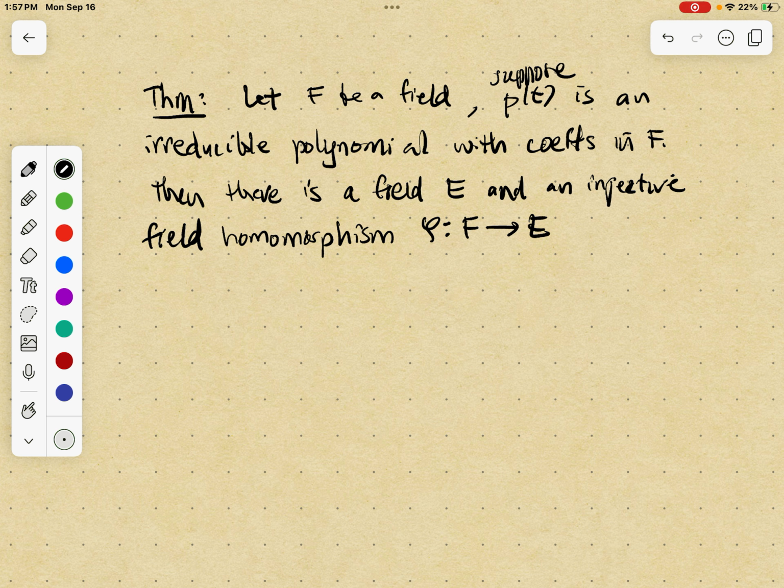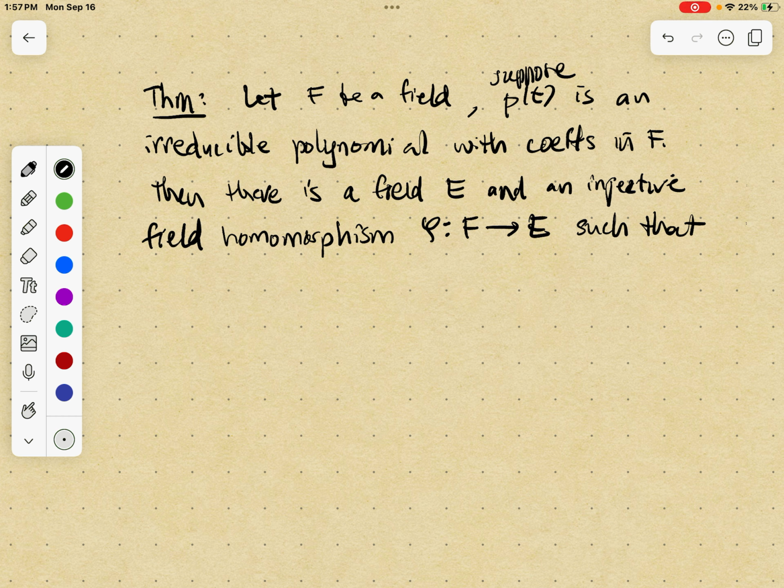So there is a field E together with this injective field homomorphism such that, when you have a polynomial with coefficients in F, you can think of it as having coefficients in E via this map phi, right?